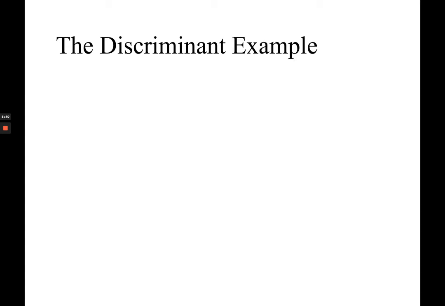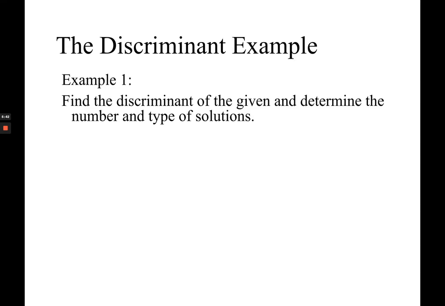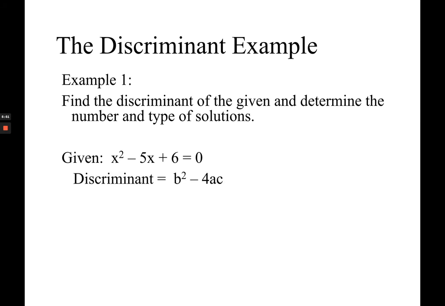Now, let's have an example. Find the discriminant of the given equation and determine the number and type of solutions. You have your example, x squared minus 5x plus 6 is equal to 0. Your discriminant is b squared minus 4ac. That's your formula all the time. There's no square root. It's just b squared minus 4ac.